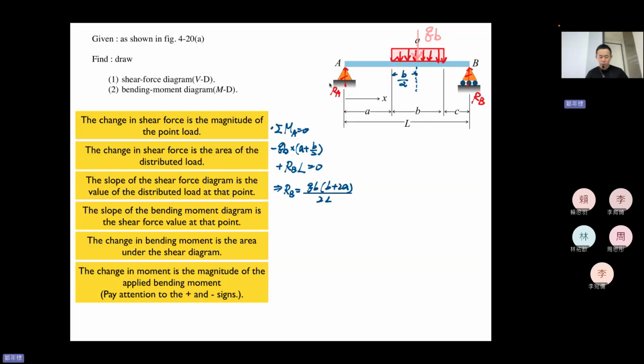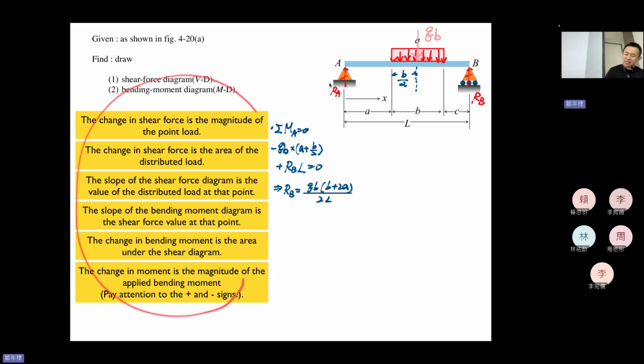Right. So last time we talked about 6 tips. Okay, 6 conclusions: the change in shear force is related to the point load and distributed load, and the slope will be related to the distributed load, and the slope of the bending moment is the shear force, and the change of bending moment is the area of the shear force diagram, and the change in moment in magnitude will equal the applied bending moment.